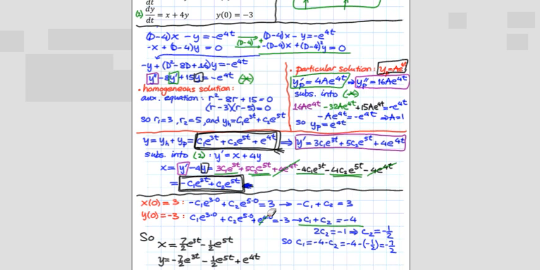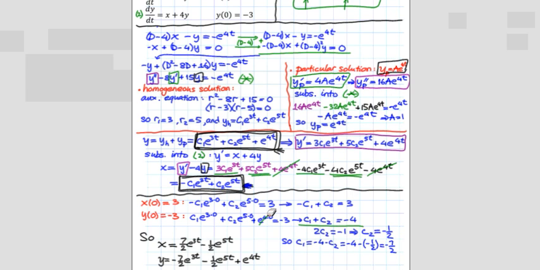So I think that will be enough. Now let's just see what we have. The first thing we do is eliminate x and solve for y. To eliminate x, I'm going to do this instead.